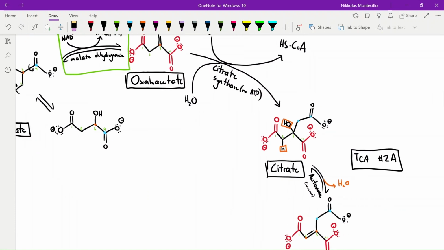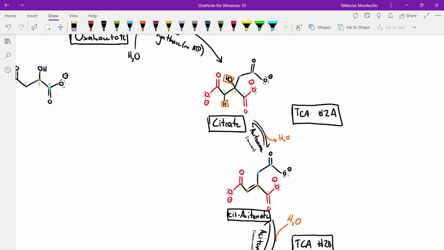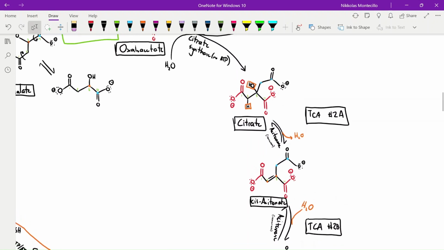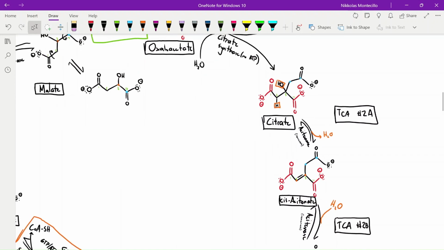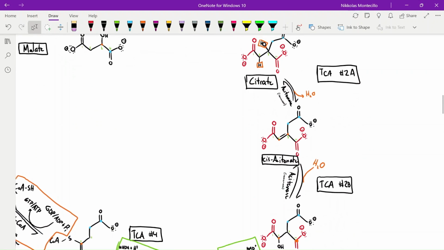Now, TCA2 is broken into TCA2A and TCA2B, where citrate will form an intermediate called cis-aconitate before it's converted into isocitrate.